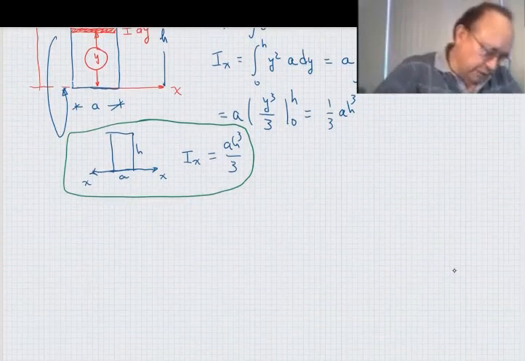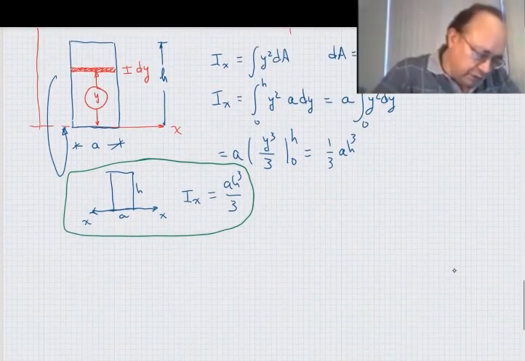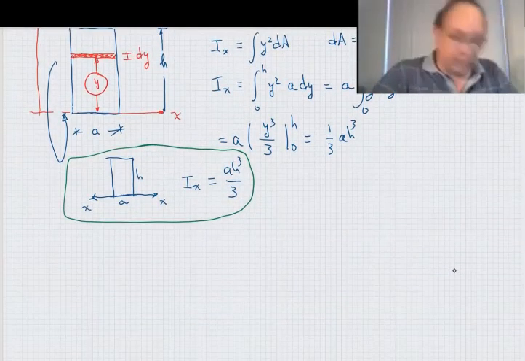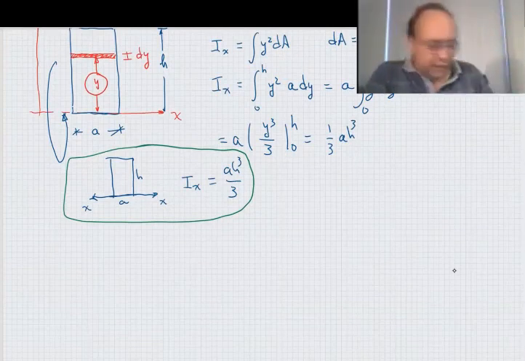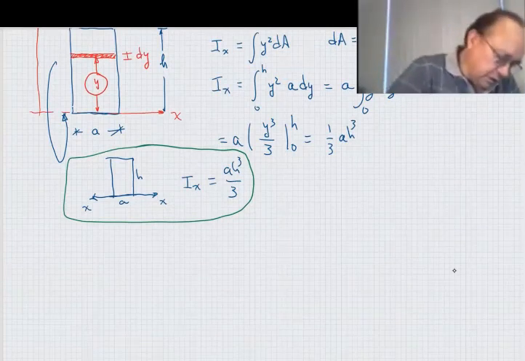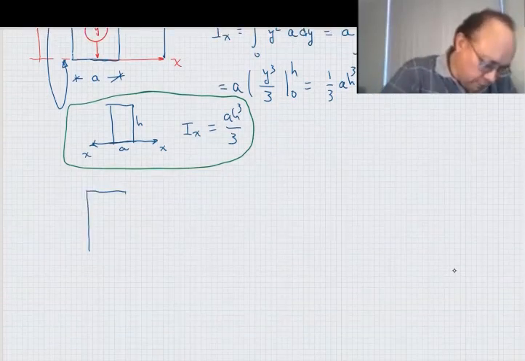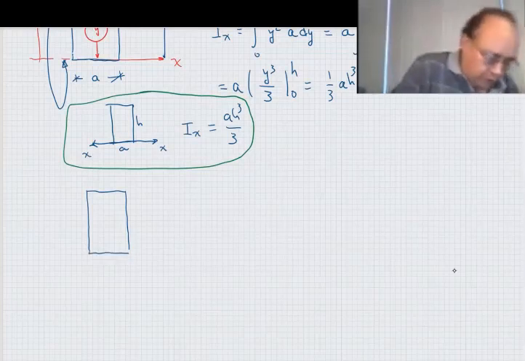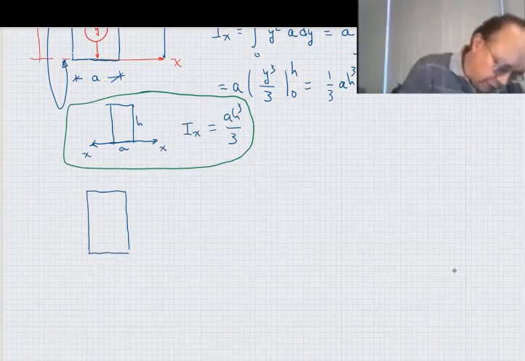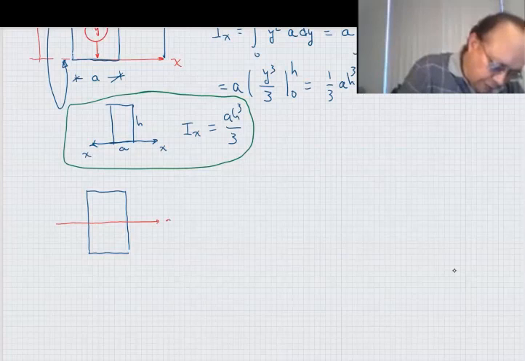Let's do another one. Let's calculate now the moment of inertia of this same rectangle with respect to a different axis. Let's do it now with respect to an axis that goes through the centroid. So we now have the same rectangle. Now we are going to put the axis at the center of gravity. So this is x.